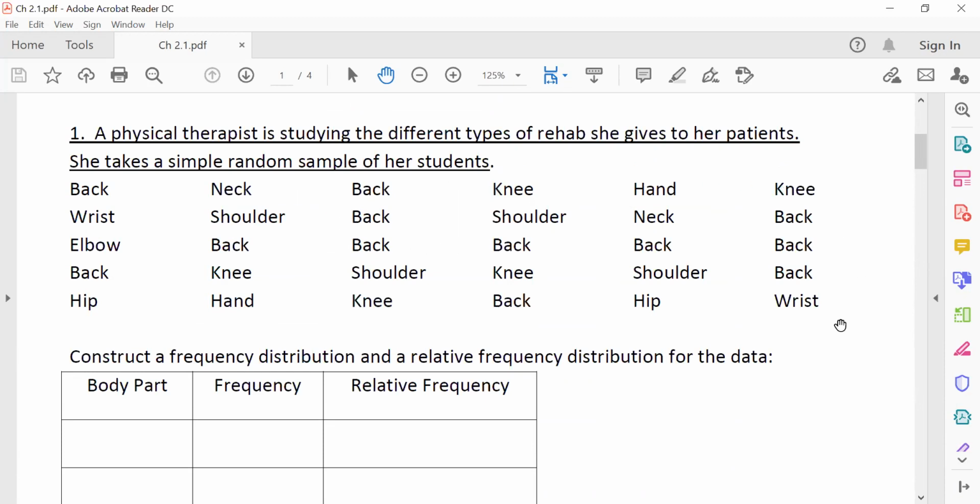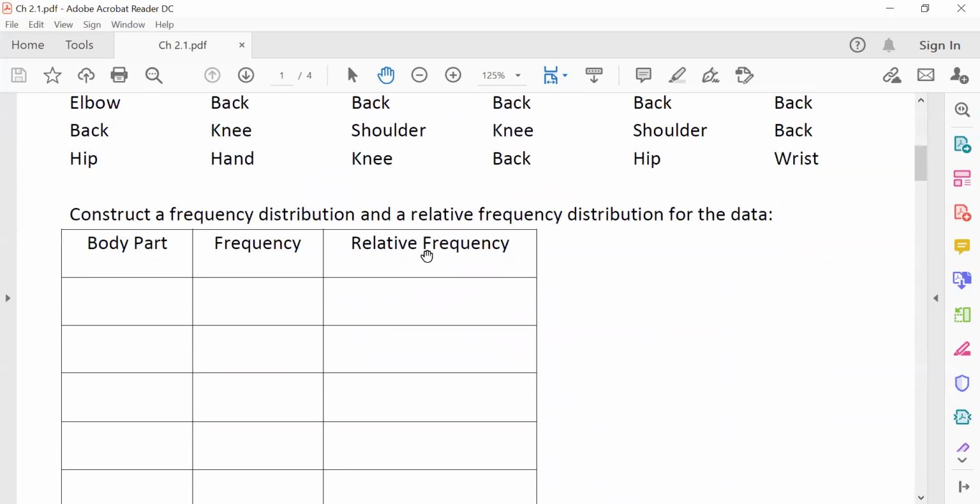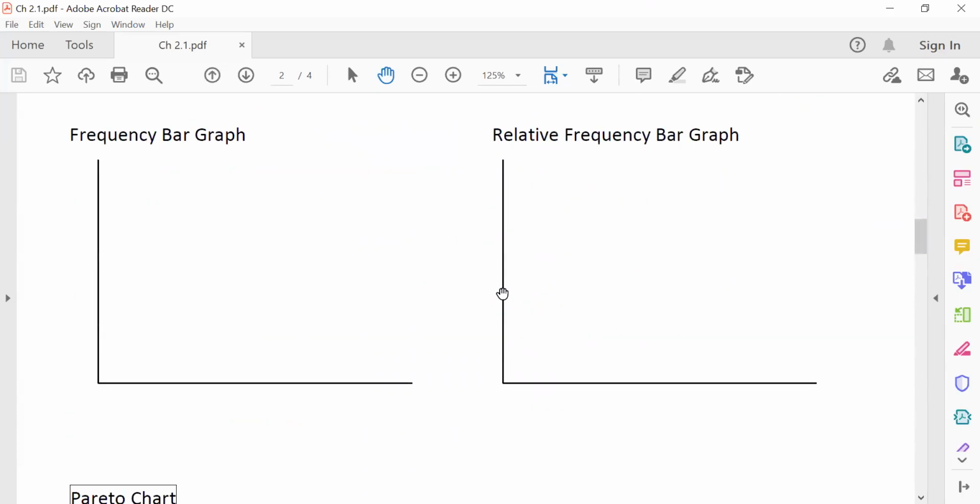This is the raw data, we might call it. It's qualitative because hand is not a number and it's not a numerical thing in mathematics. It's not a quantity of something. Back, knee, hip, those are not quantitative concepts. Those are qualitative concepts. They're just qualities of things. So the data itself is qualitative. Us putting counts to it is something we're doing after the fact, if you will.